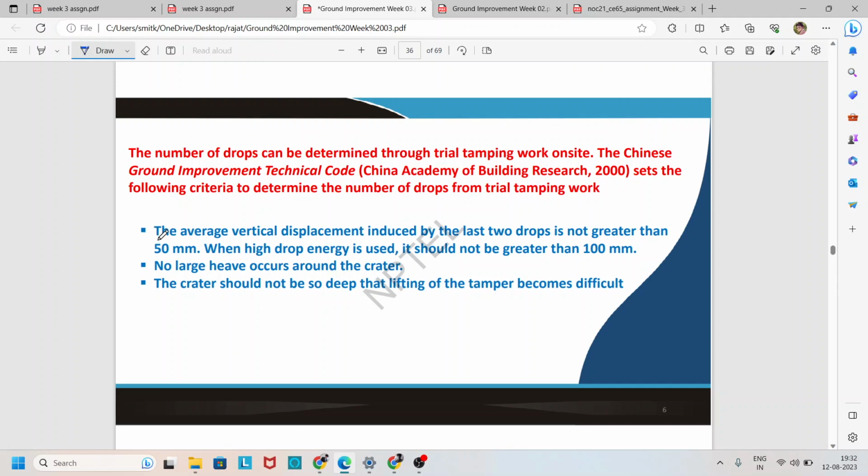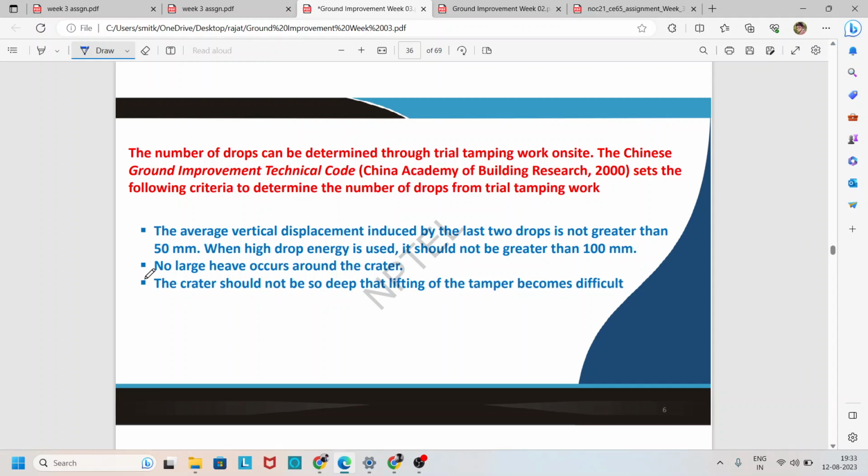The average vertical displacement induced by the last two drops is not greater than 50 mm, and when high drop energy is used, it should not be greater than 100 mm, and no large heave should occur around the crater. Further, the crater should not be so deep that lifting of the temper becomes difficult.